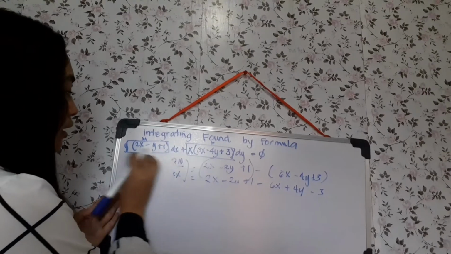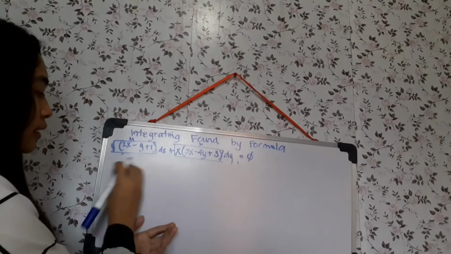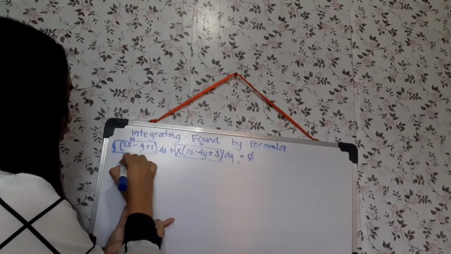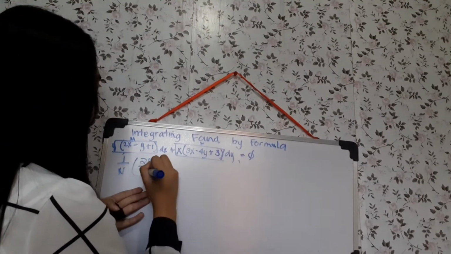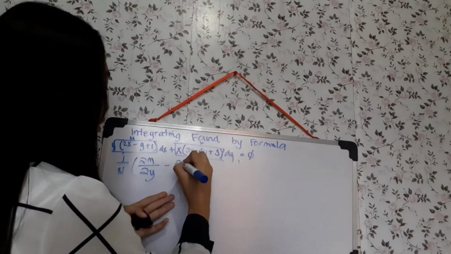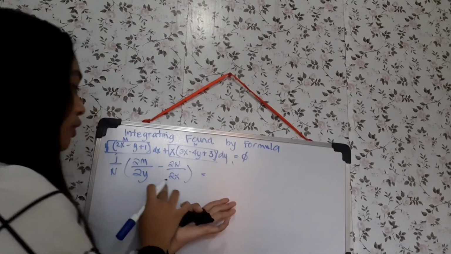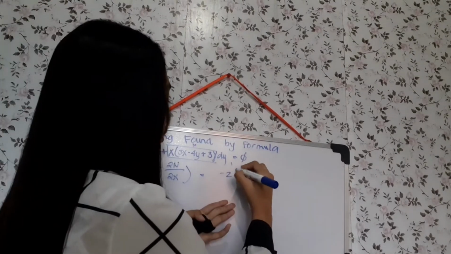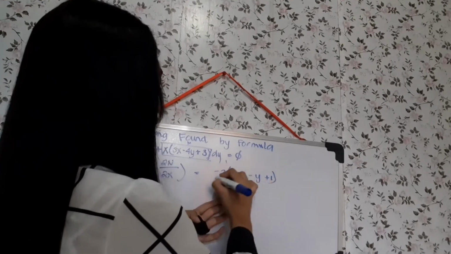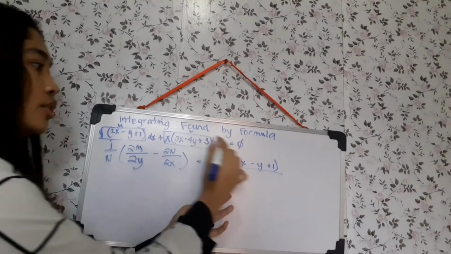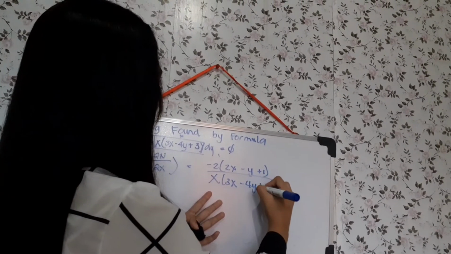So first try 1 over N times (partial derivative of M over partial derivative of y minus partial derivative of N over partial derivative of x), which is equal to the difference of this, which is negative 2 times (2x minus y plus 1) over the value of N, which is x(3x minus 4y plus 3).